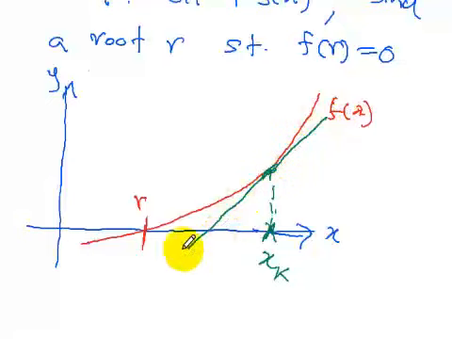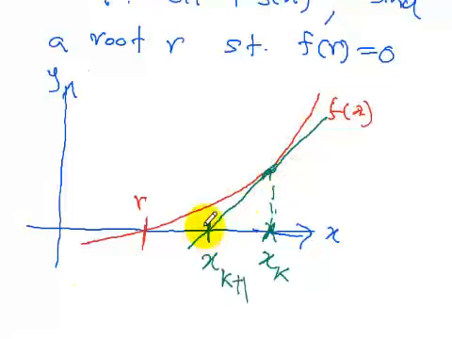Now we can solve this very easily. This is our next iterate, which we denote x sub k plus 1.